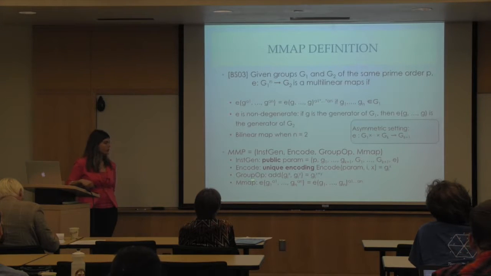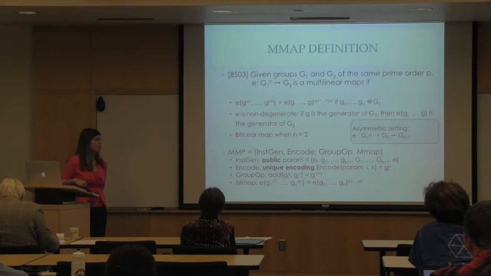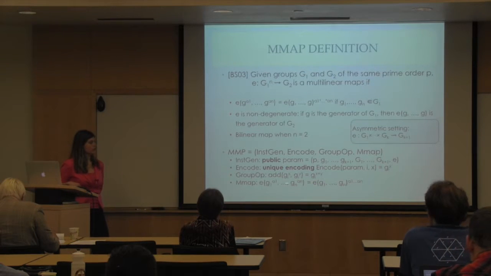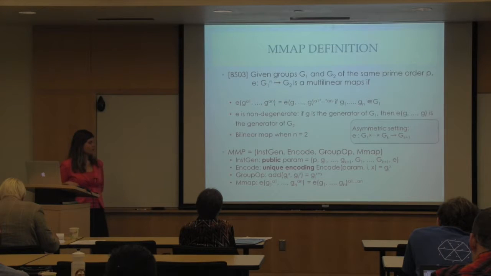So we also need to have a group operation that allows us to add encodings in the group. And of course, at the end, we need to have the multilinear map property.